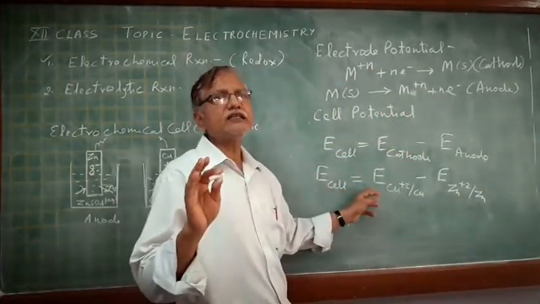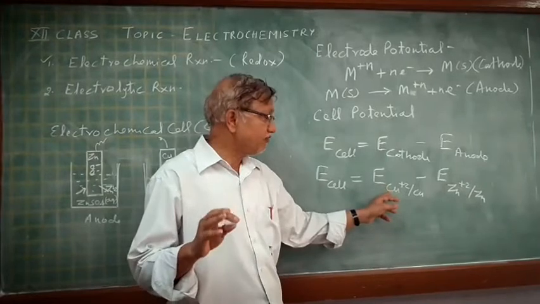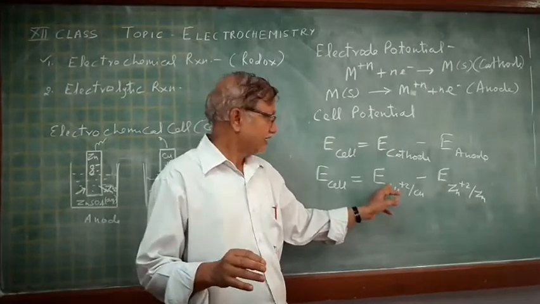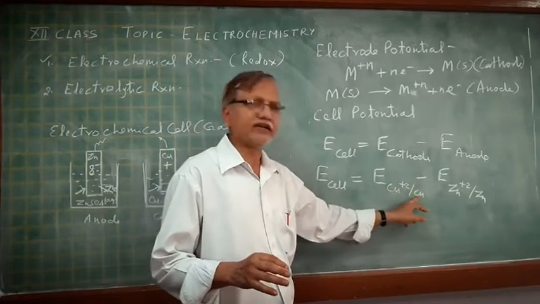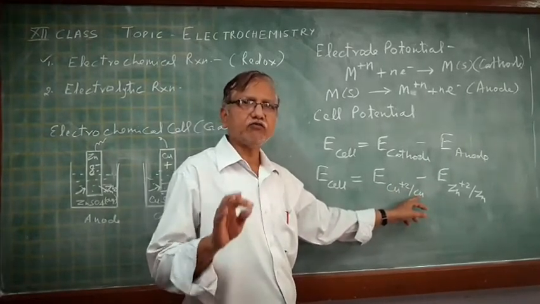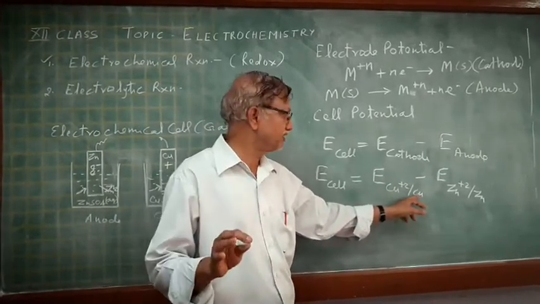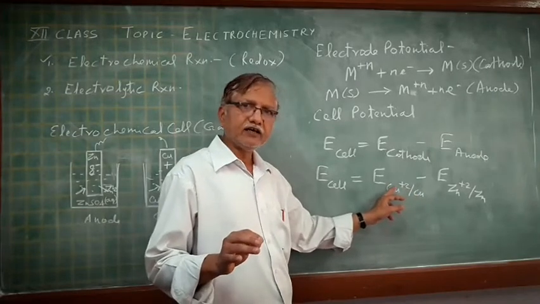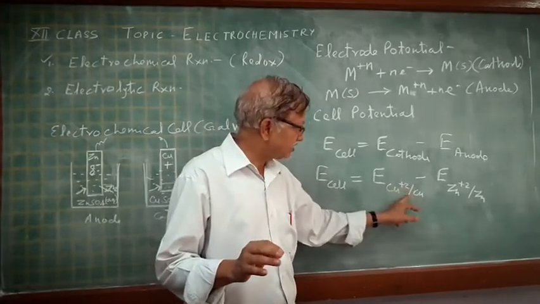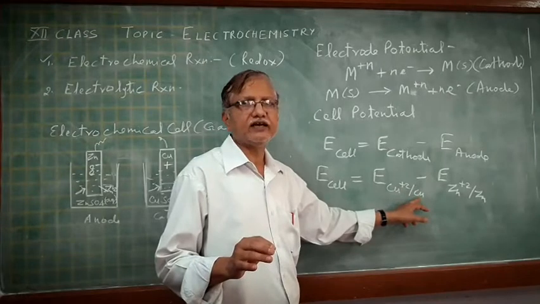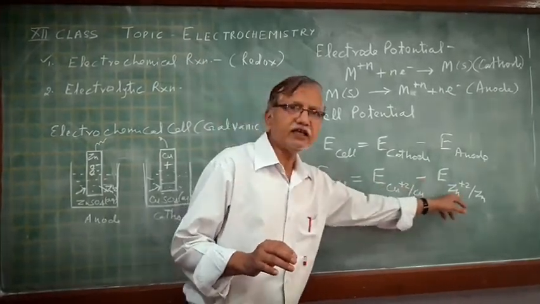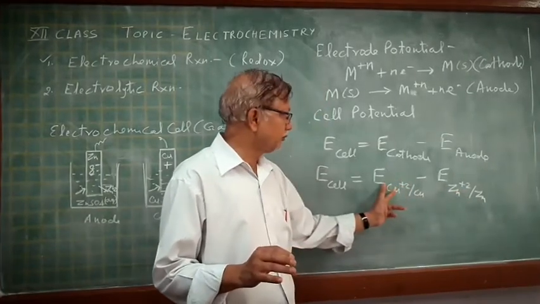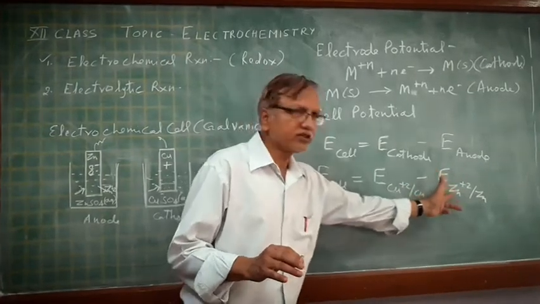One very important thing: when we write an electrode representation, first we write the metal ion, then a slash, then the metal atom. Always. So here is E cathode and here is E anode. Cathode is copper, anode is zinc.